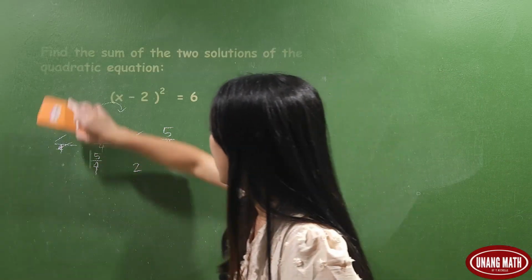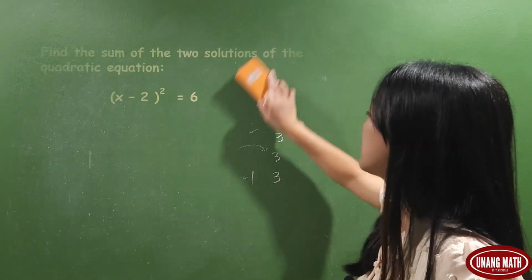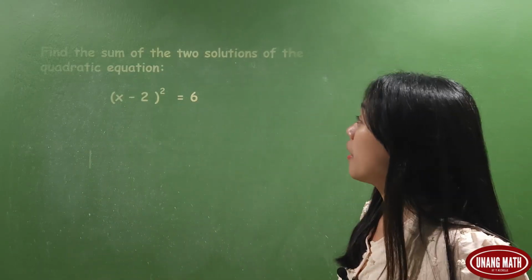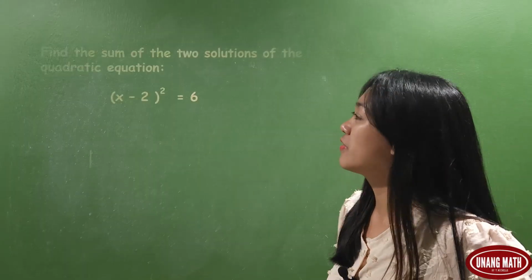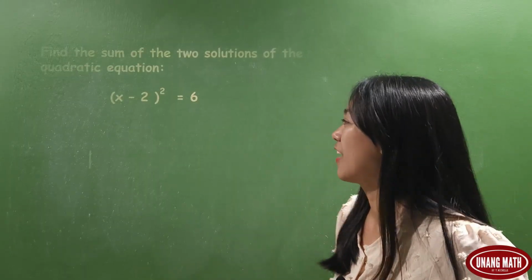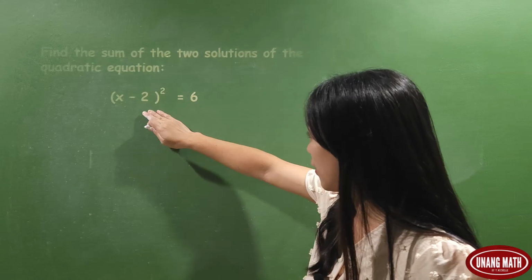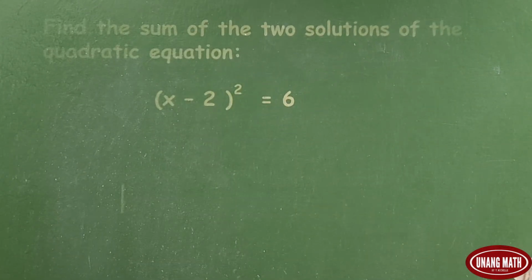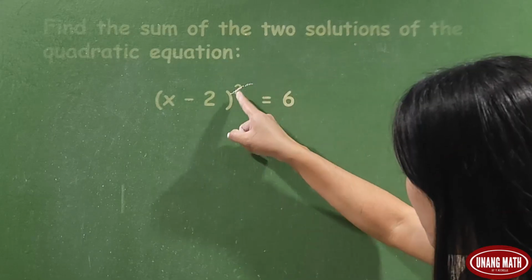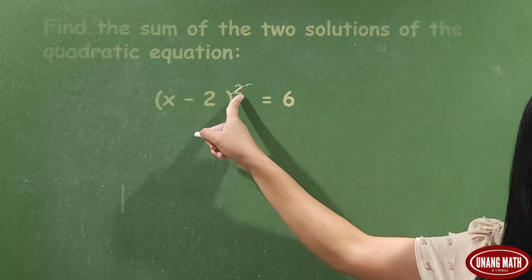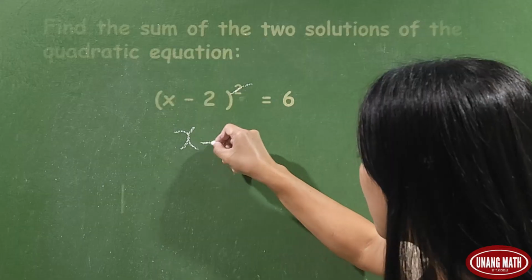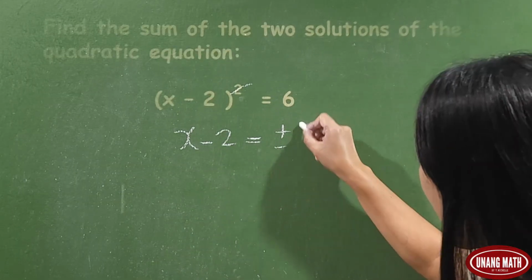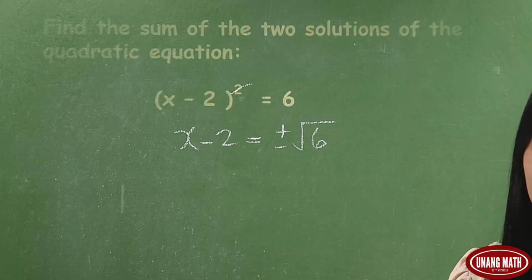Okay, this time, let's answer these simple questions. The first one here is, find the sum of the two solutions of the quadratic equation. Okay, we have here x minus 2 squared is equal to 6. So remove this exponent 2, we have x minus 2 equal to plus or minus square root of 6.